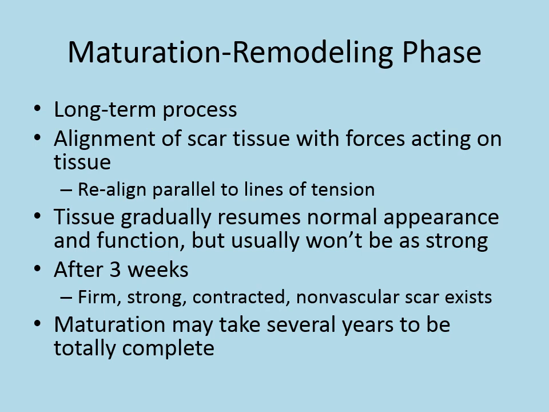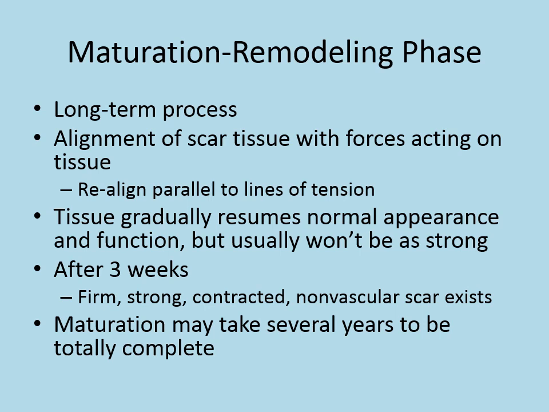So ideally, if we're having a gentle pulling on the scar tissue, not so much that it tears, but enough for it to know where to lay down, it will realign parallel to the lines of that tension. The tissue will gradually resume a normal appearance and function over time, but it usually won't be as strong. So just like if we've had a bad scar on our skin, you'll notice it's sometimes easier to tear it open if we bump that skin versus the skin next door to it.